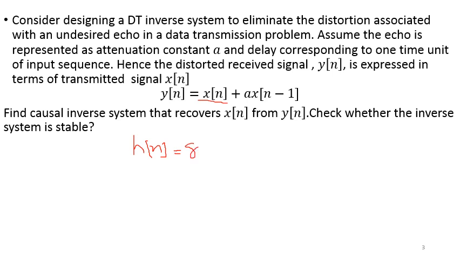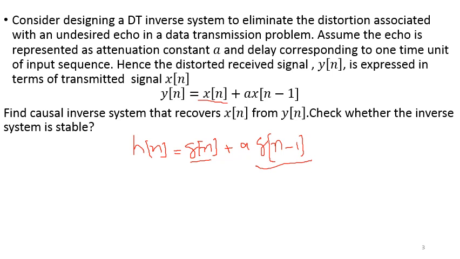So x of n is replaced by impulse of n, and a times x of n minus 1 will be replaced by impulse of n minus 1. So we have the impulse response equal to impulse and its scaled and shifted version, right? So let's write the relationship for that.